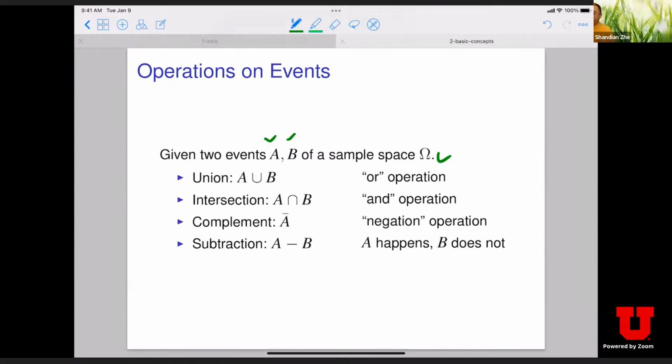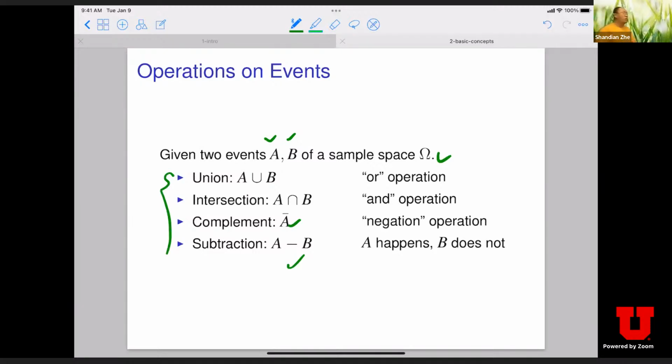If I do an intersection of them, I get another event. If I do a complement or a subtraction, I get new events. So you can imagine that I can create some fundamental events, maybe just a few subsets of the elements in the sample space, and then construct compositions of union, intersection, complement, and subtraction, so that I can construct all kinds of complex events.